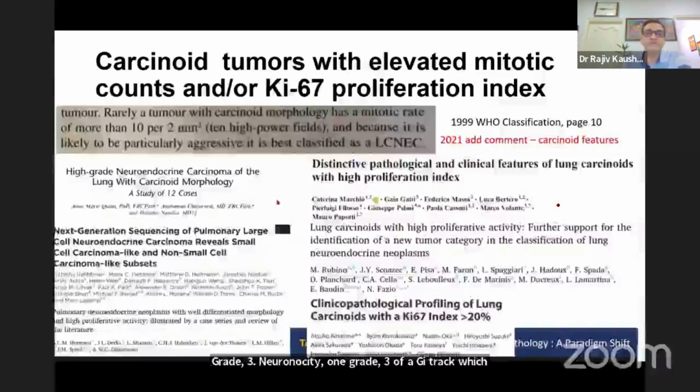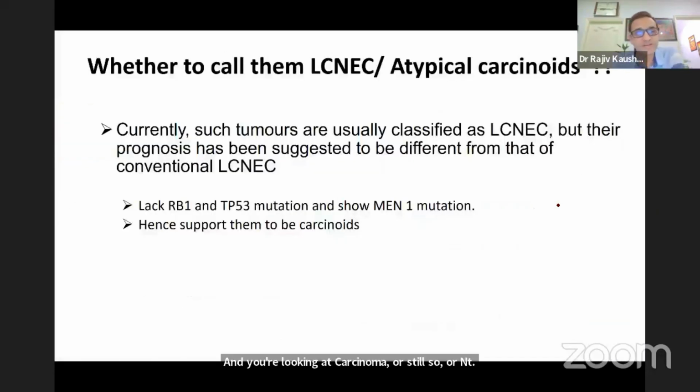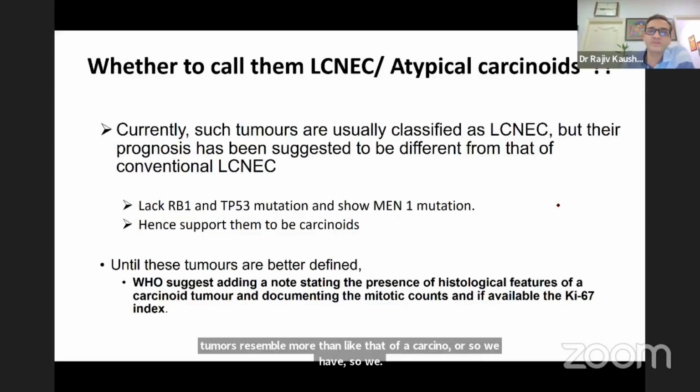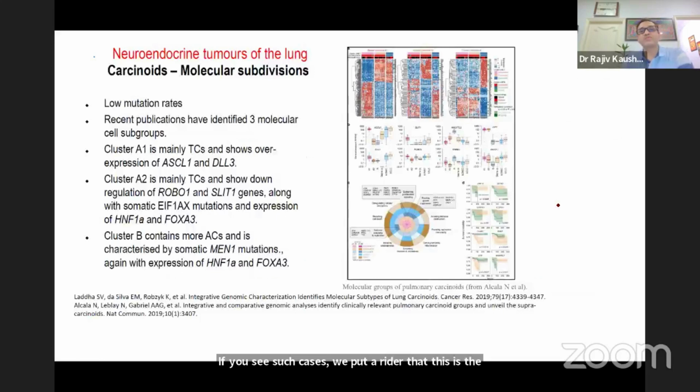In these tumors there was debate whether to call them large cell neuroendocrine carcinoma or NET grade 3 as we call them in the GI tract, but they were still put as a distinct entity because the molecular profile of these tumors resembles more that of a carcinoid tumor. So if you see such cases, we put a rider that this is a tumor with increased mitotic or proliferation activity.